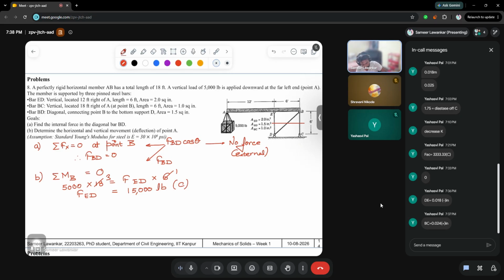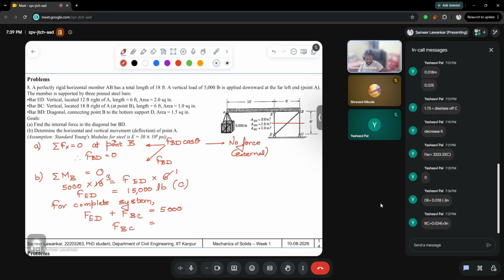Similarly, if FED is known, from the complete system, if we actually do summation Fi equal to 0, so for the complete system, FED plus FBC is equal to 5000, and therefore FBC is nothing but equal to 5000 minus 15,000.